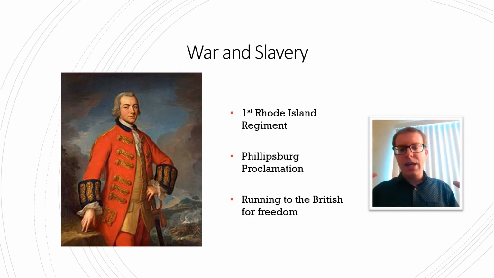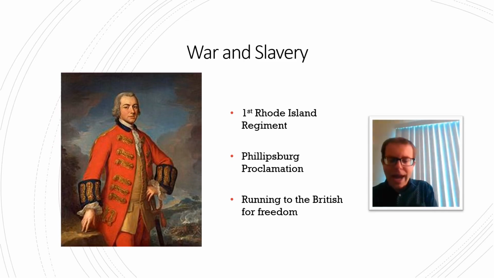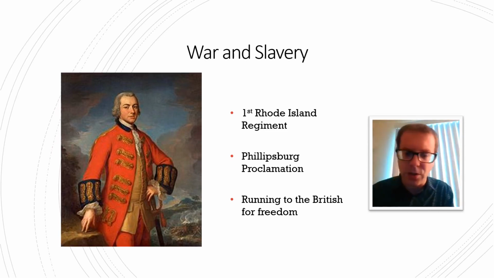And unlike in New England, these are not societies that just happen to have slavery. These are slave societies, societies in which slavery is integral as an economic and social institution, and slavery is not going to go away under American rule.